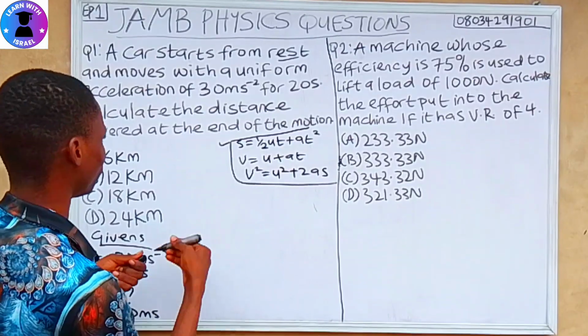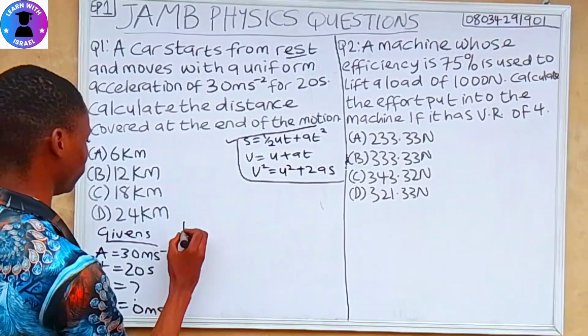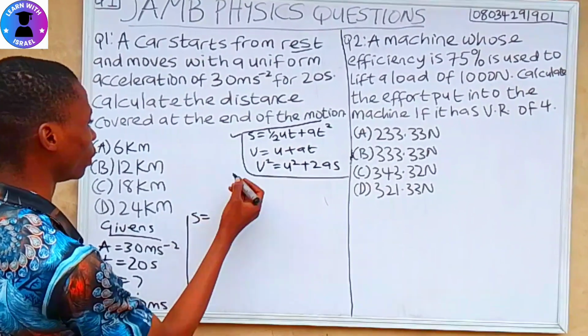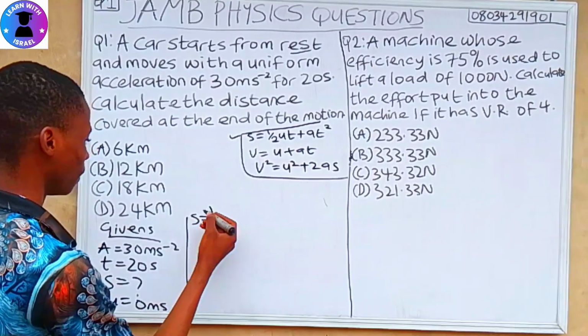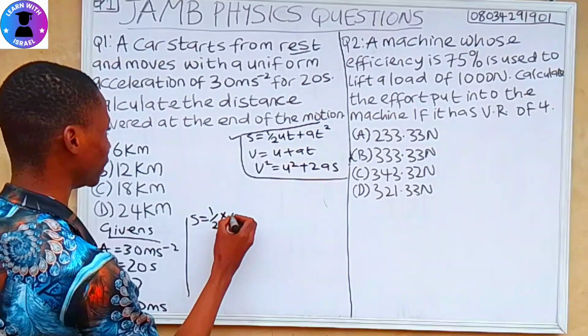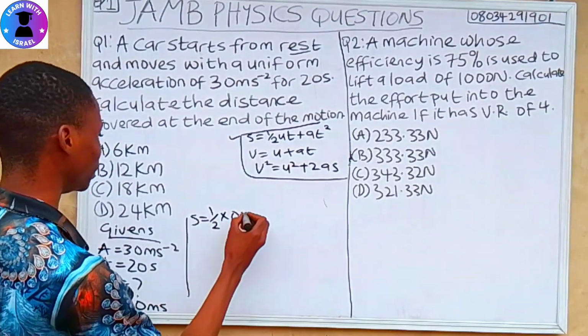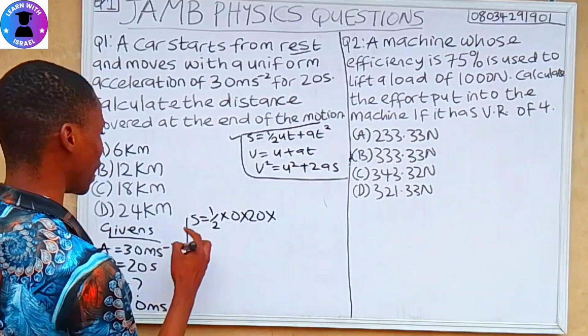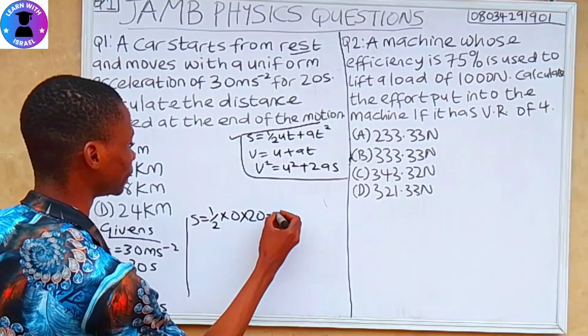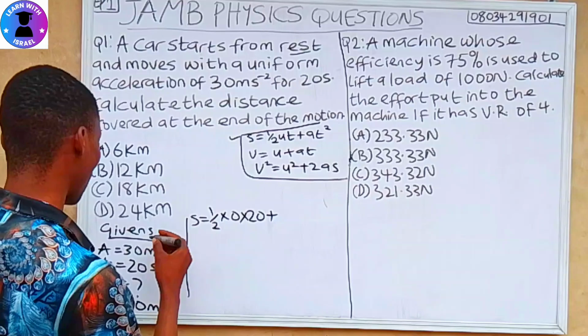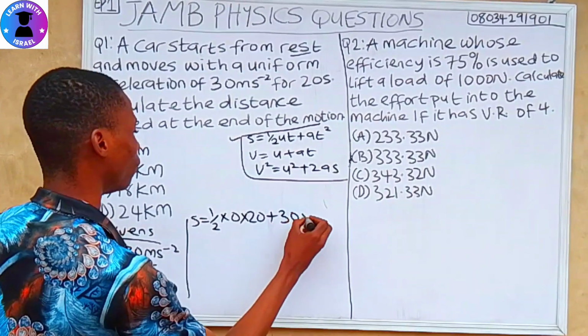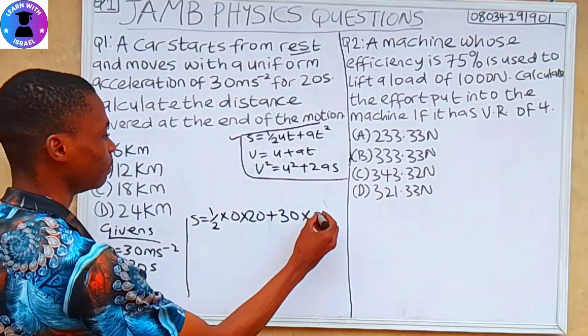So let's solve. Our S equals u times t, which is 0 multiplied by 20, plus half times our acceleration multiplied by our time.